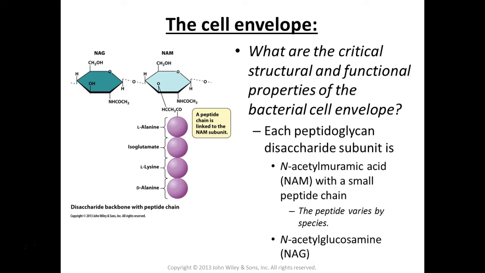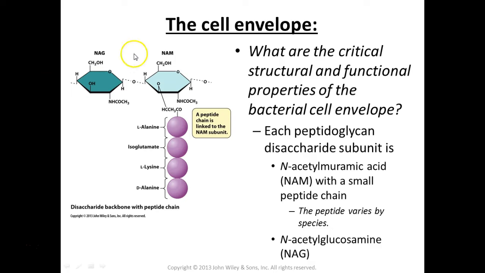For peptidoglycan, the two sugars, which are modified sugars, are N-acetylmuramic acid, which has a peptide chain attached to it, which means amino acids, about 4. The exact amino acids will vary depending on the organism, but in general, these are the most common ones: some lysine, some alanine, and some isoglutamate.